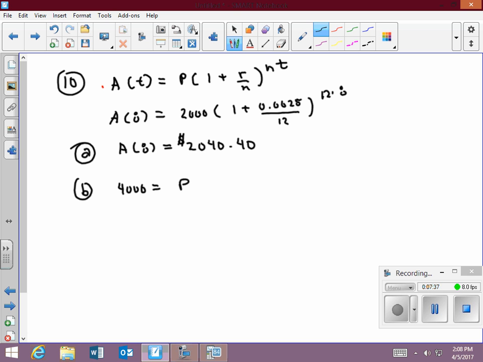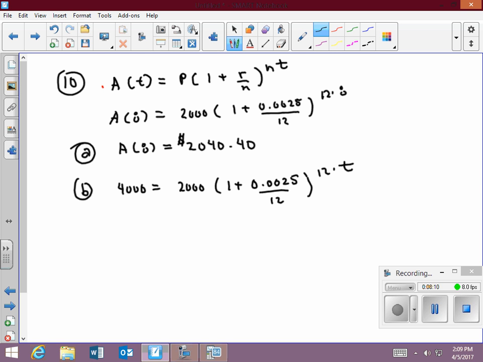So apparently P is still $2,000 because they want to solve for t. So $2,000 is what your principal is, 1 plus your interest, and it's monthly, and then it's 12t, and this is what they want to know.